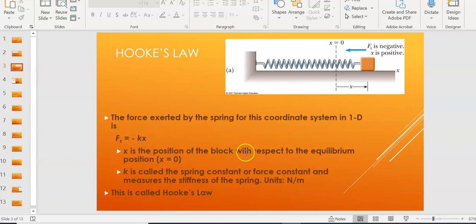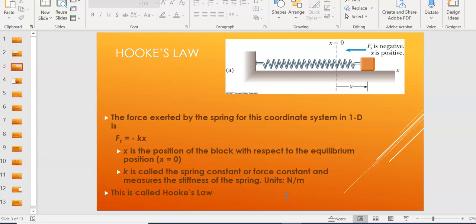So x is the position of the block in this case, because I've placed the equilibrium position of my spring at the origin. k is called the spring constant of the spring. If you've ever played with springs, then you know that some of them are stiffer than others. So the stiffness of the spring is the spring constant.